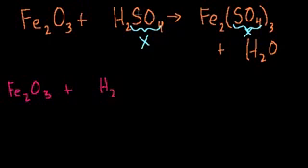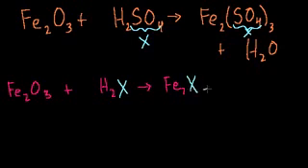There's only one sulfate group here, so H2 X, and then that yields iron, 2 irons, this molecule with 2 irons, and it has 3 of these sulfate groups, 3 of these sulfate groups, and then plus water. All I did is replace the sulfate with an X, and now we can treat that X like an atom, and we can just balance the equation.